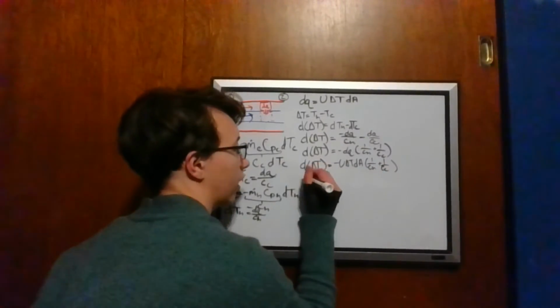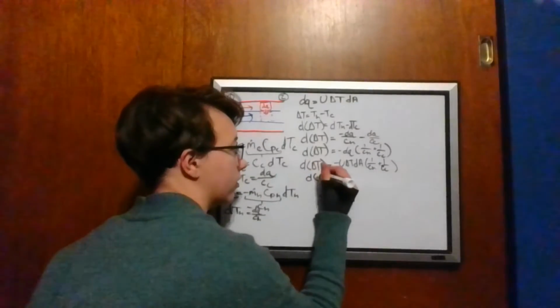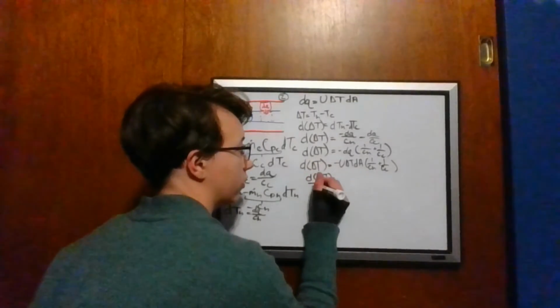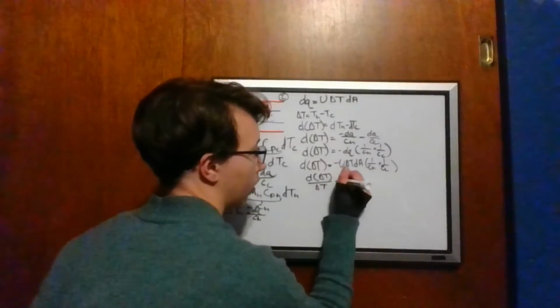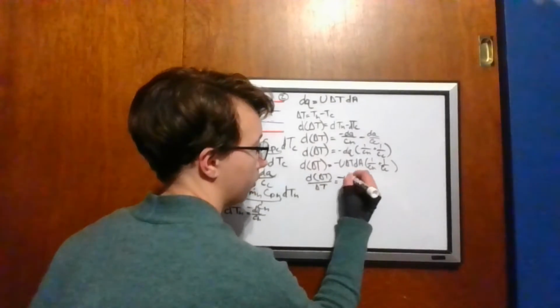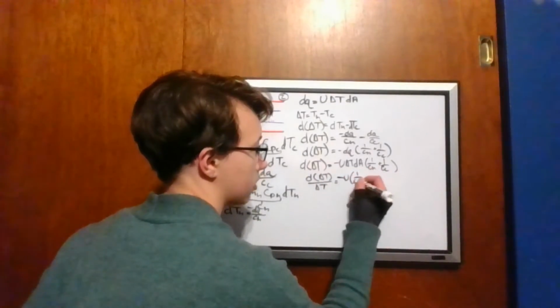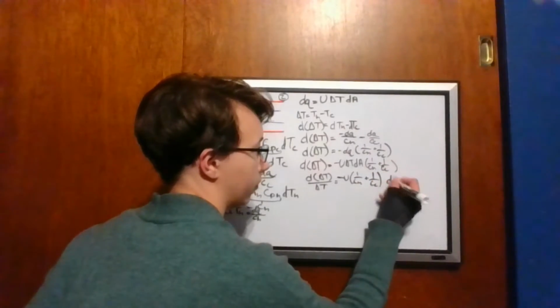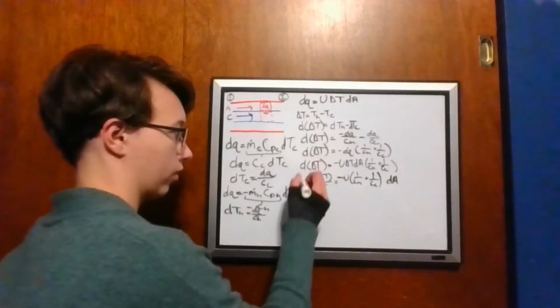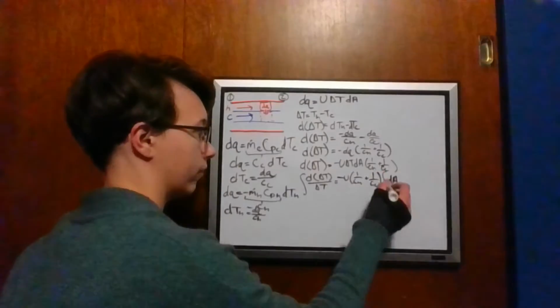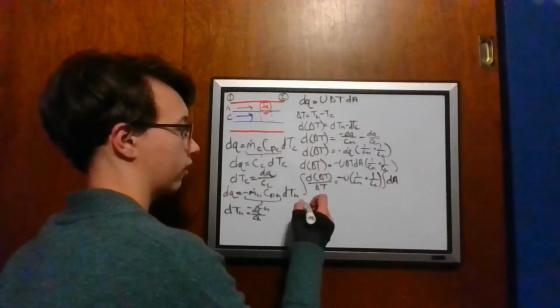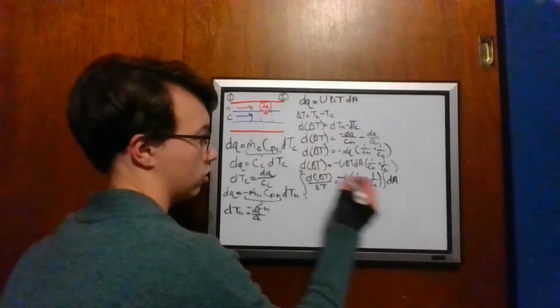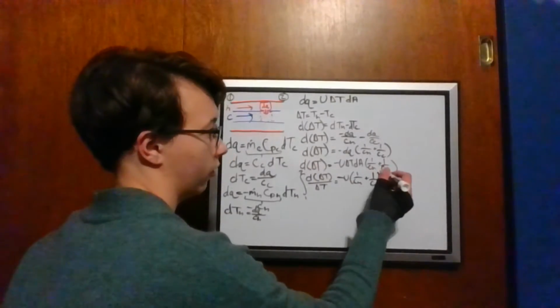So we have d of delta T over delta T is equal to negative U times 1 over CH plus 1 over CC times the differential area. Then we're going to take the integral of both sides, from position 1 to position 2 for both.